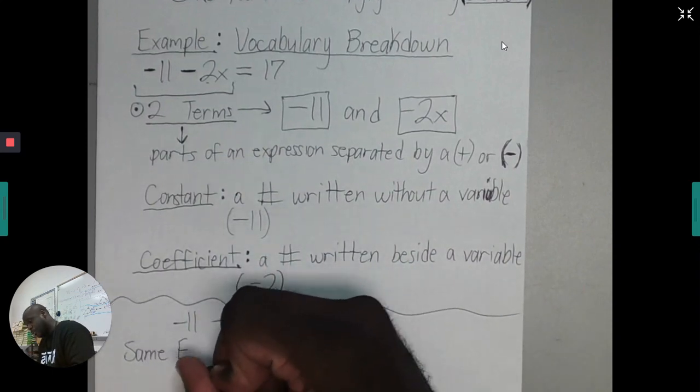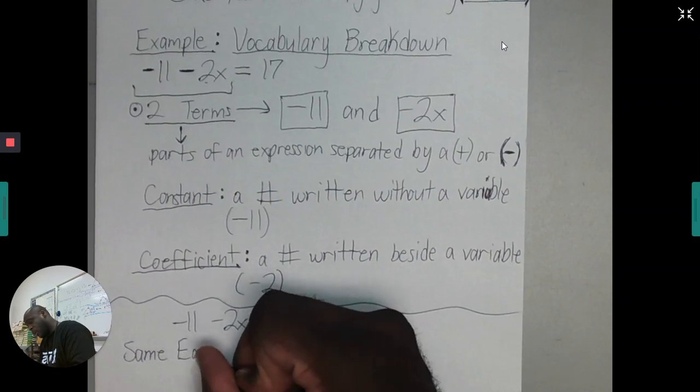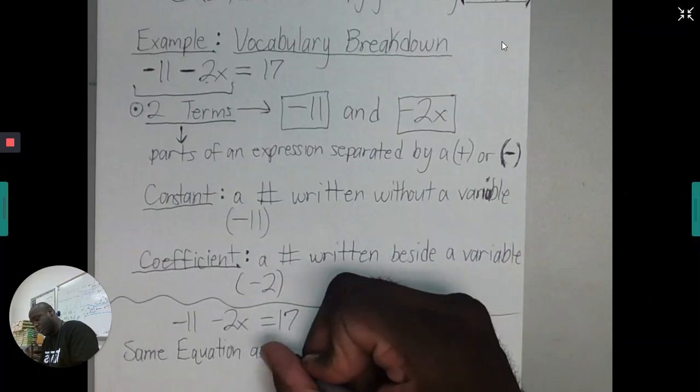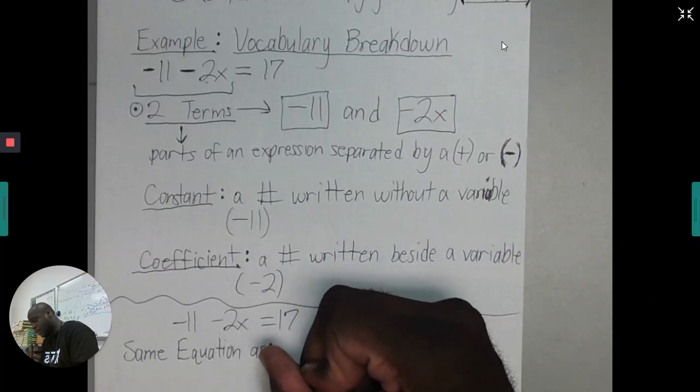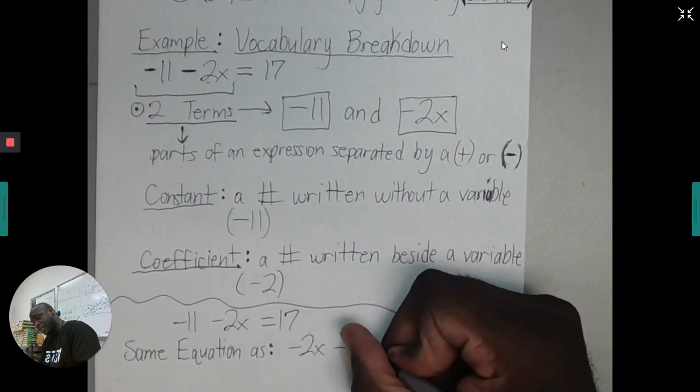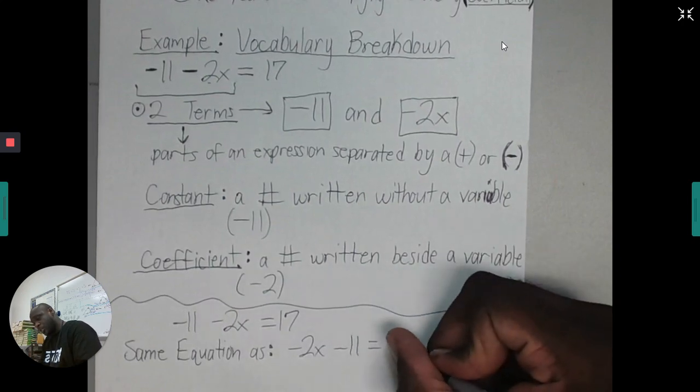Not that it has to be rewritten, because it can be solved without rewriting it, but we'll just rewrite it here. It's the same equation as -2x minus 11 equals 17.